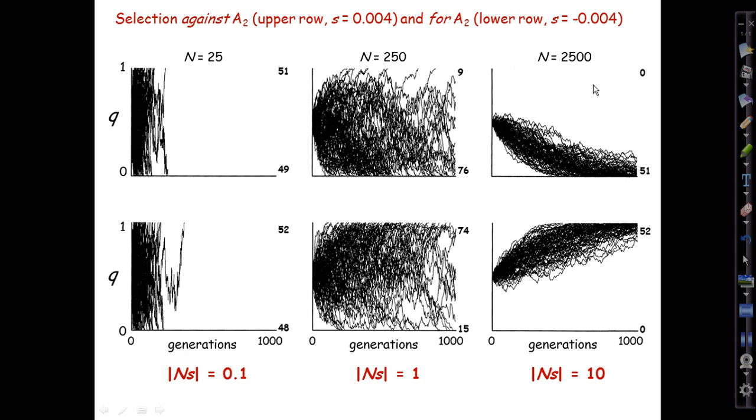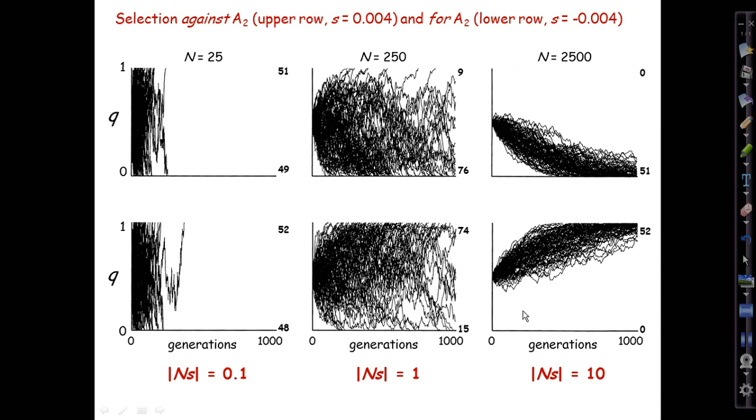In the largest populations, it's an absolute certainty that the favored allele will fix and the disfavored allele will not fix. In the case where A2 is disfavored, Q goes towards 0. As it happens, half of the populations have fixed by 1,000 generations. The other half are still segregating, but it's clear that they are on a downward slope, and none of them is going to come back and fix.